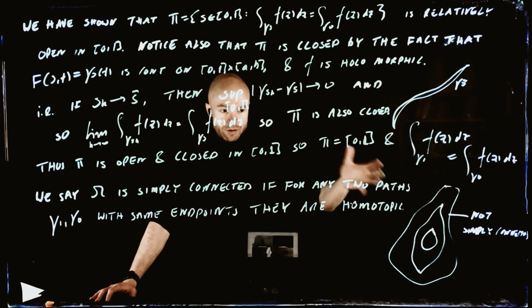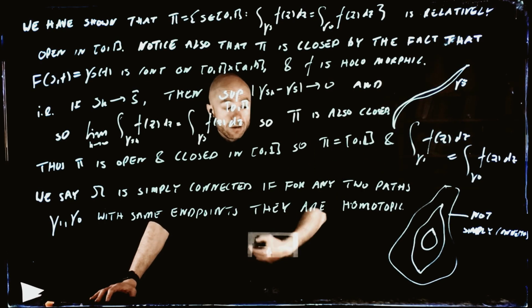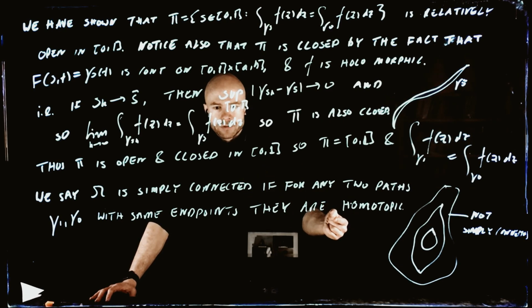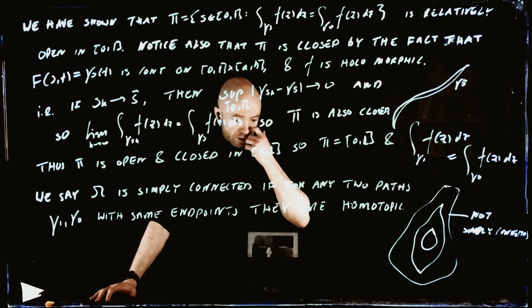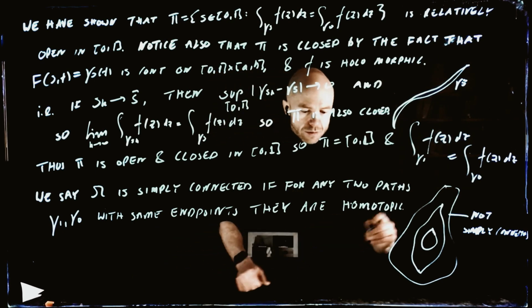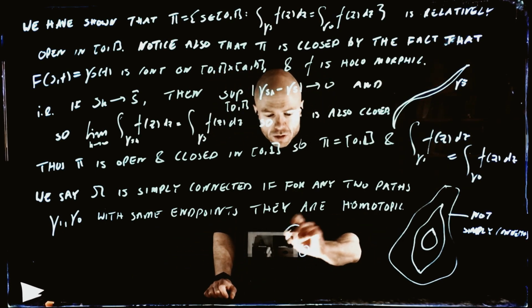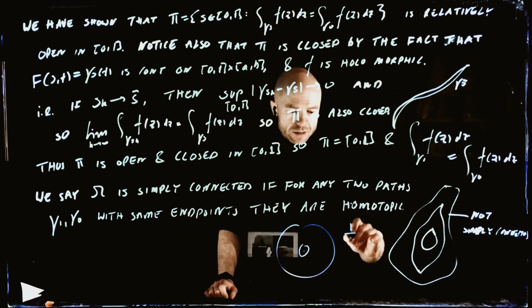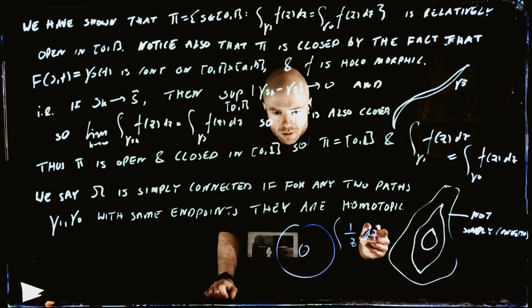But now we have a sophisticated way of saying something that doesn't contain holes, and it's the optimal one, because if it does contain a hole, then all this stuff is false. If it does contain a hole, then it's just not true. We don't have Cauchy's theorem, as you know well. If the hole contains 0, for example, then the integral of 1 over z dz is not equal to 0, right?